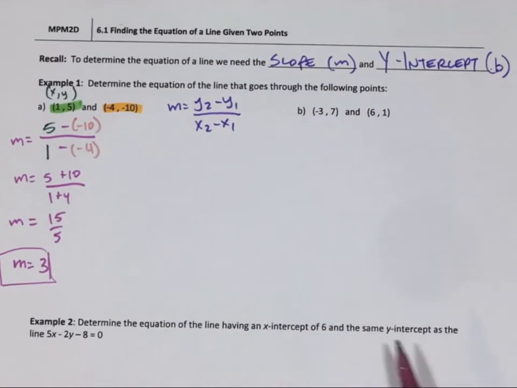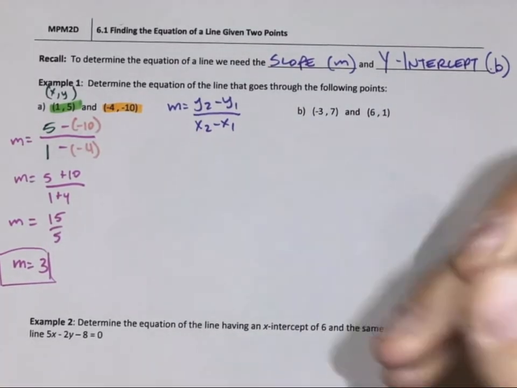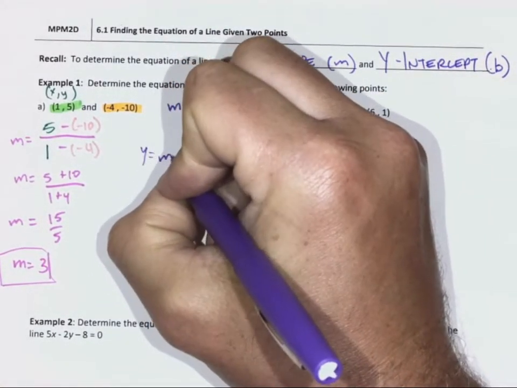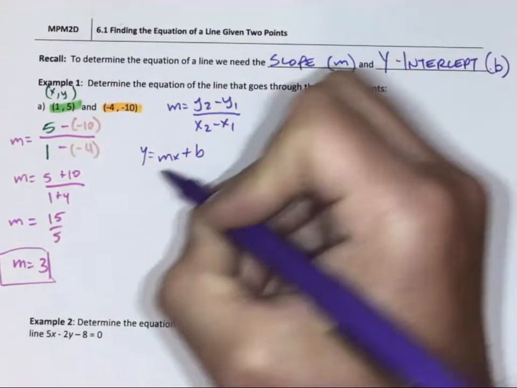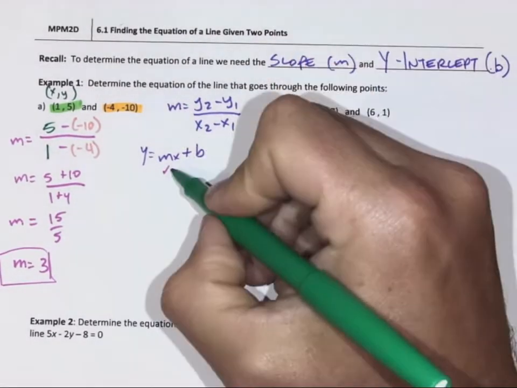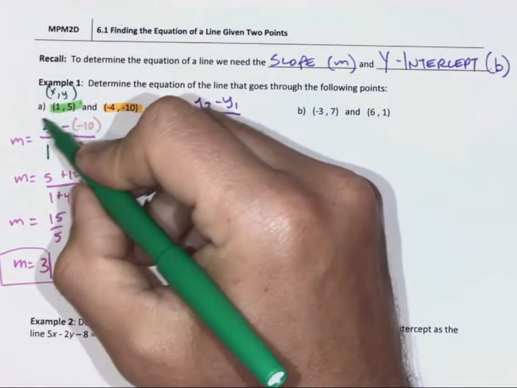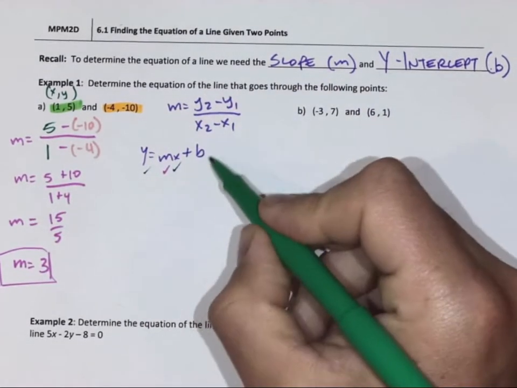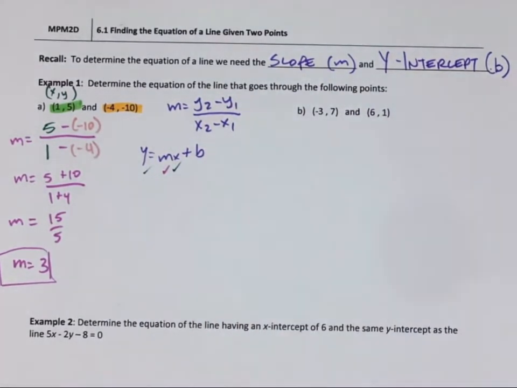To find our y-intercept, we're going to sub in what we know into the equation of a line. We've just found our slope. Super. We also have an x and a y value using either one of the points. So we're going to sub those in to find b.